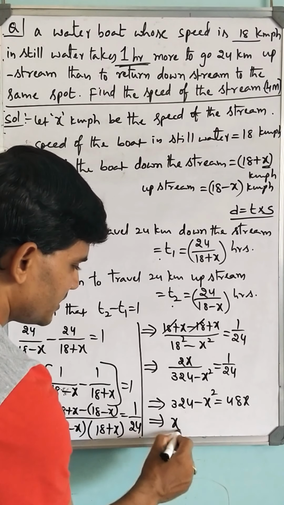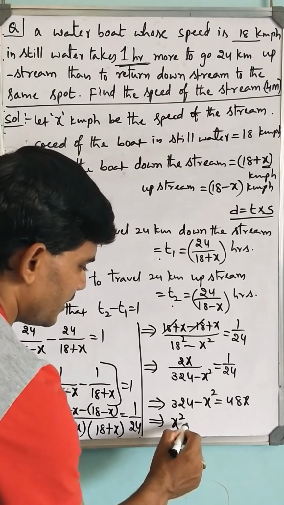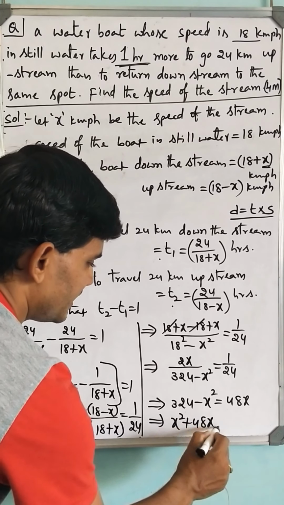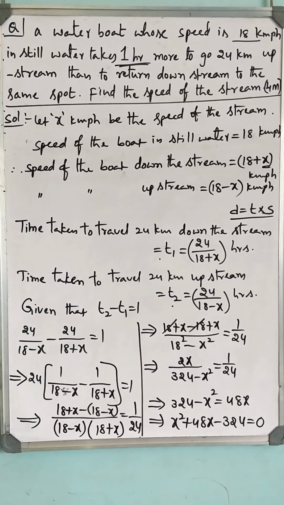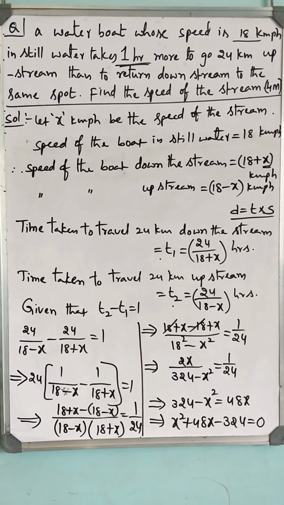The quadratic equation becomes x square plus 48x minus 324 is equal to 0. If we solve that equation, we will get the speed of the stream.